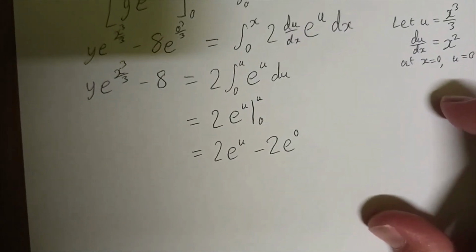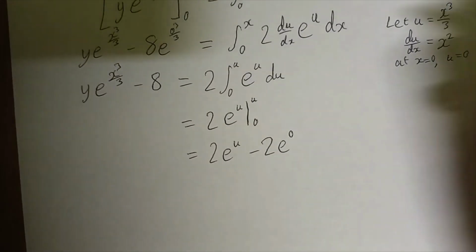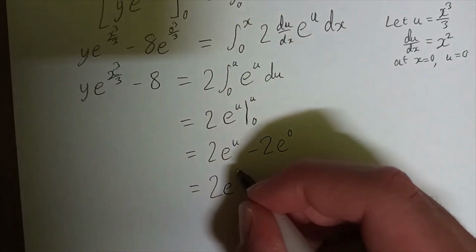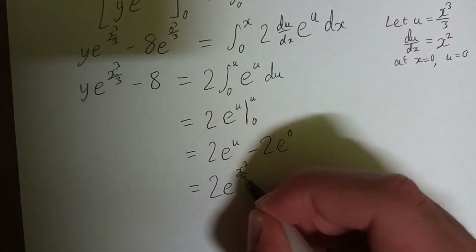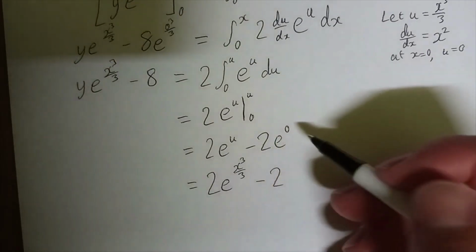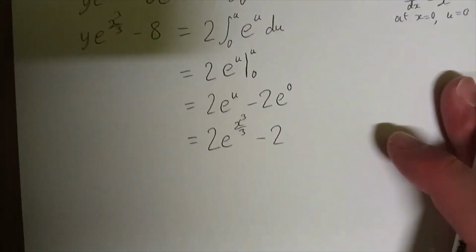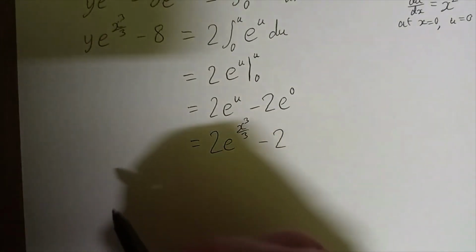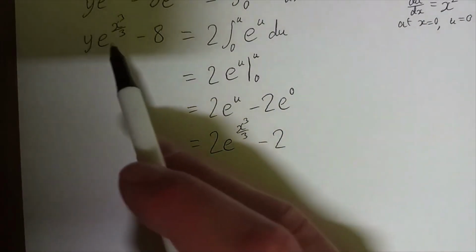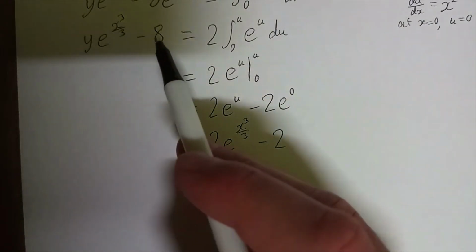Now, u is x cubed over 3, so I'll put that back in. 2e to the power x cubed over 3, take 2 times e to the 0, which is 1, so I'll just take 2. And then of course this is all equal to y times e to the x cubed over 3, take 8.